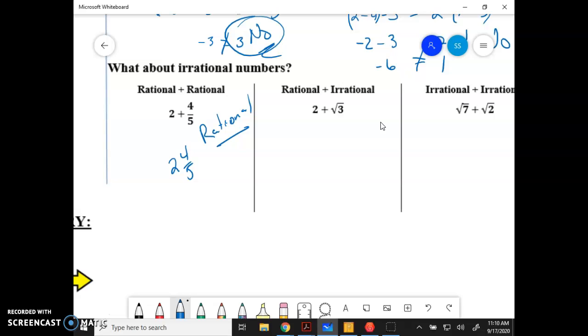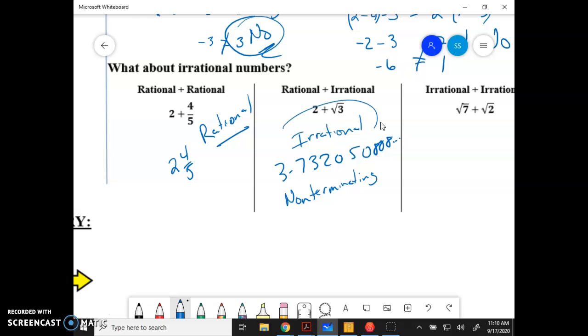I get, let's see, 3.732050808 dot dot dot. Okay, so this is non-terminating. So this is irrational. All right, so a rational plus an irrational will always yield you an irrational number.